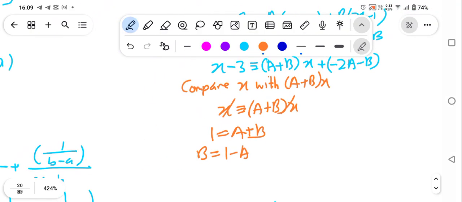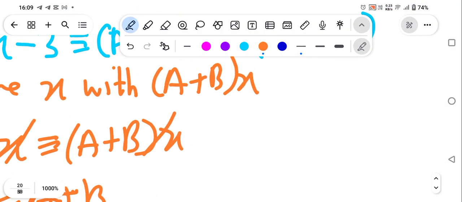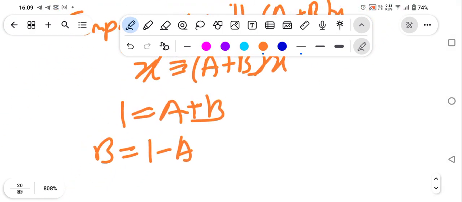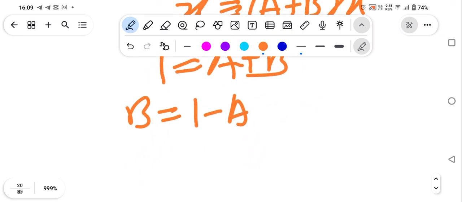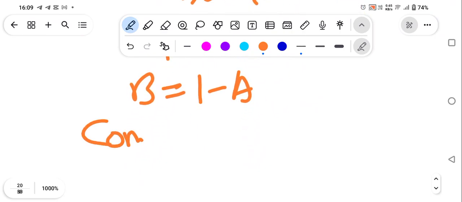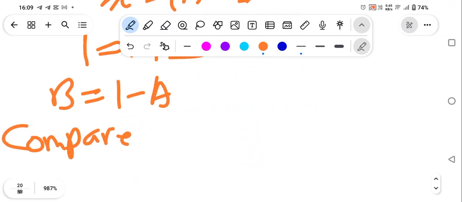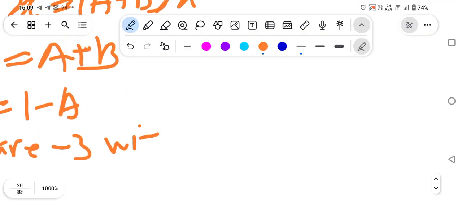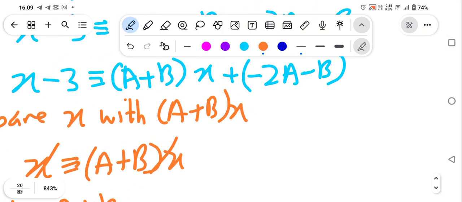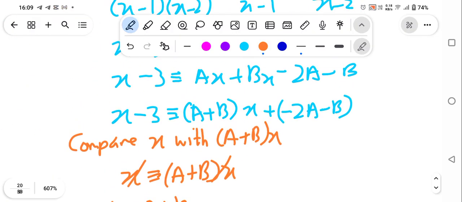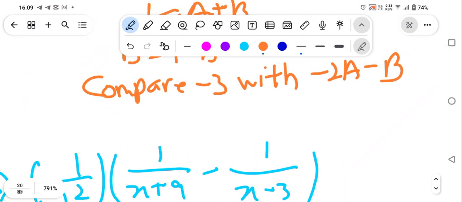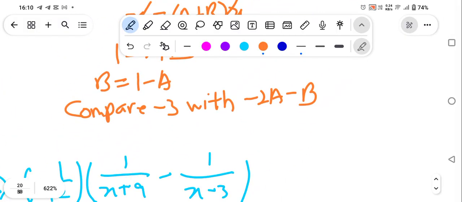And what we're going to do with this thing, don't forget that we still have a constant term here. So now I'm going to compare the constant. We compare -3 with -2a minus b.